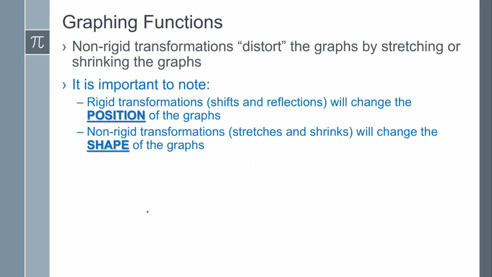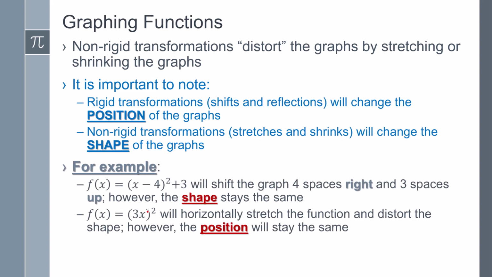Now, it's important to note that the rigid transformations, which were the shifts and the reflections, changed the position of the graph. The non-rigid transformations change the shape of the graph. We can take a look at an example in a moment. For this one here, x minus 4 squared plus 3, we could say that it shifts 4 spaces to the right and 3 spaces up.